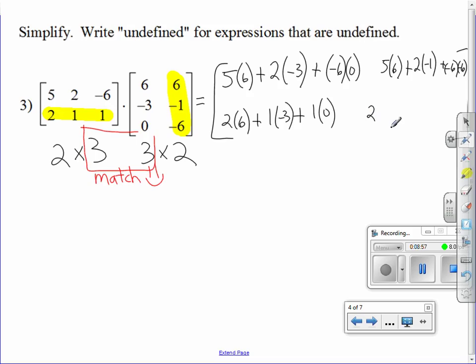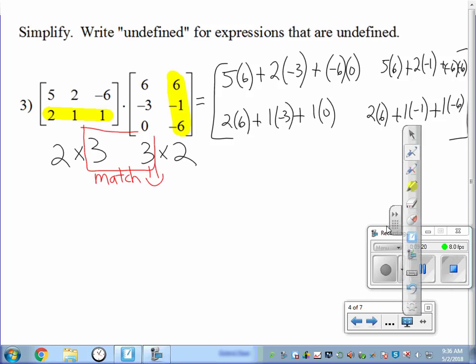It's the first times the first, 2 times 6, plus the next times the next, second, which is 1, times the second, which is -1. Plus 1 times -6, right? Get this out of the way.